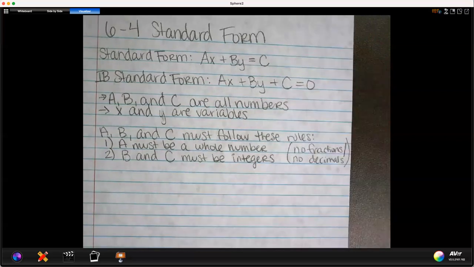Okay. So for the next handful of problems, I'm going to give you an equation, or we're going to work through an equation, and we're going to figure out what is the issue. What is making it not follow the rules of the IB standard form? Does that make sense?